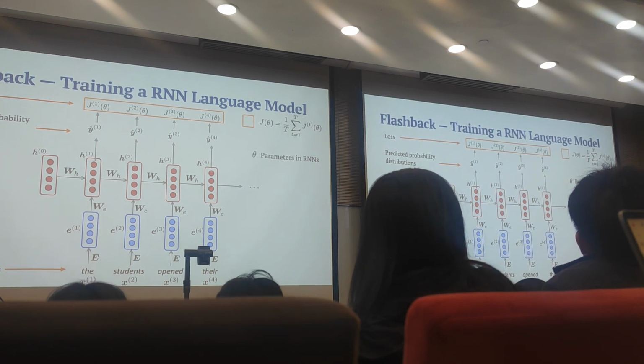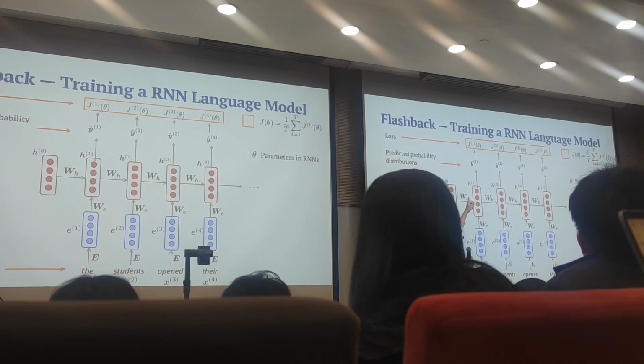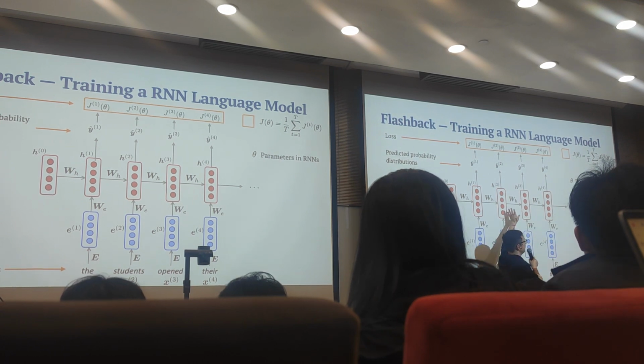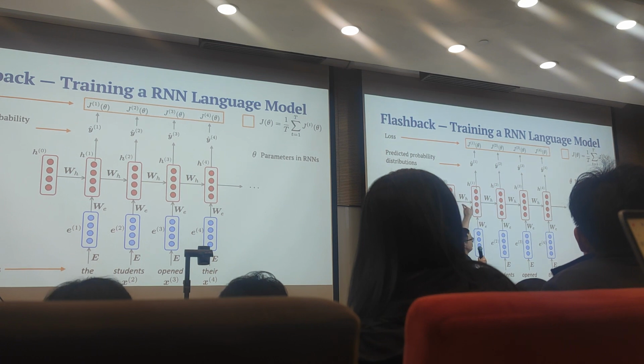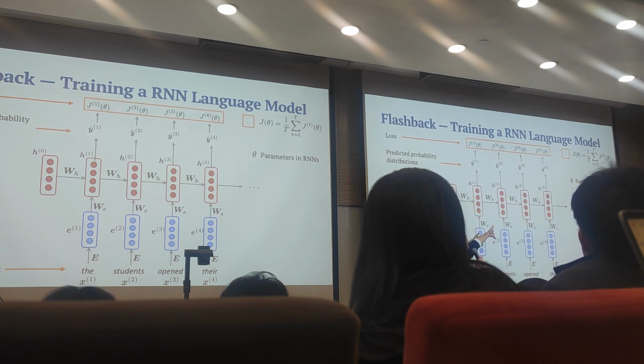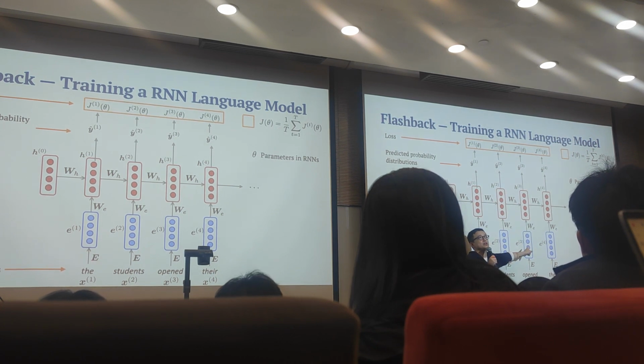So these things are the parameters, and we will be adjusting those parameters based on the loss that we incur at every time step, and then we sum it up into the final loss, and then we do backpropagation to change those parameters so that it becomes the best in terms of predicting the next word at each time step. So this is how we train an RNN. Okay? Questions? Yes?